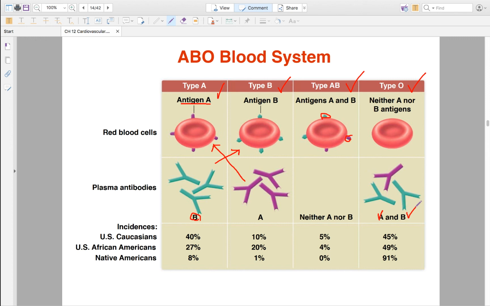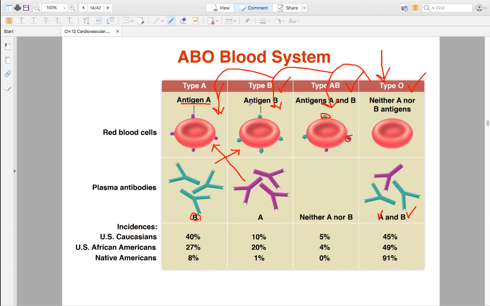Okay, so here's the thing. Because people with blood type O have antibodies against A and B, they can only get O, and that is it. However, the interesting thing about blood type O is that they don't carry any antigens, which means that they are a universal donor. They can be donated to people with this blood type, this blood type, and this blood type.